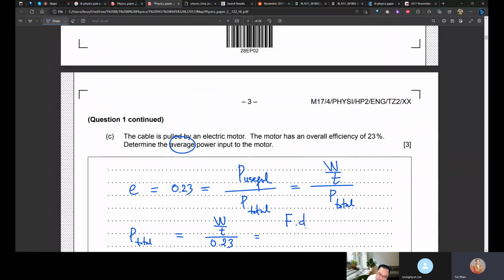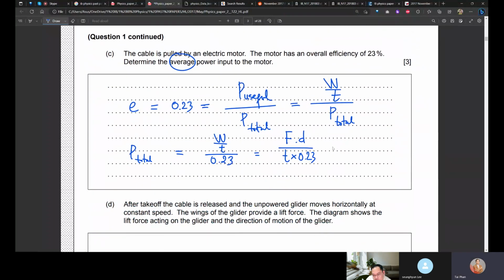The force is 1,370 Newton. The distance moved by the glider is 149 meters from question A. Then the time is 11 seconds, and the efficiency.